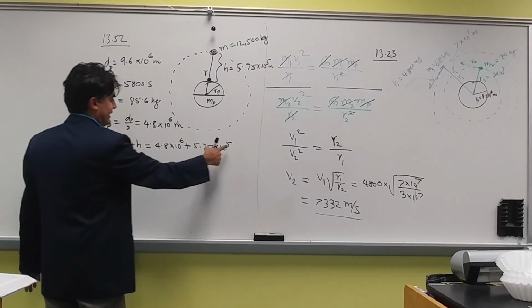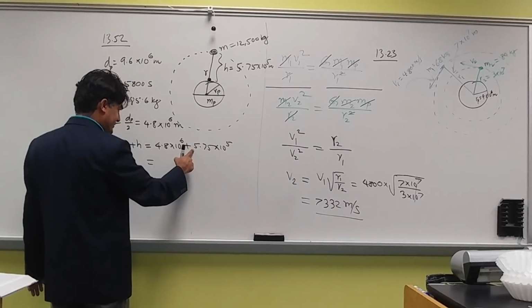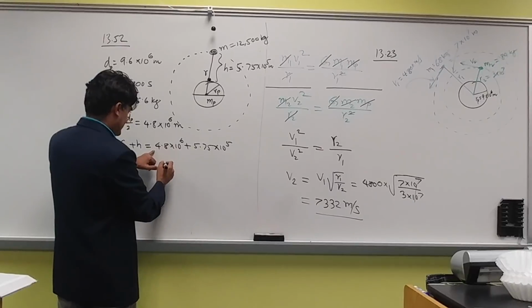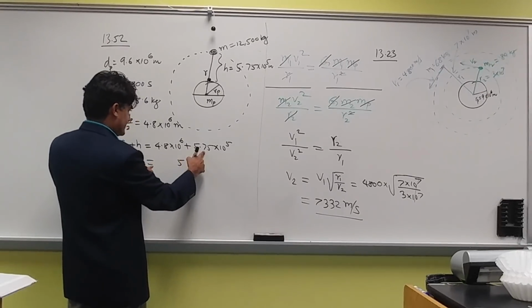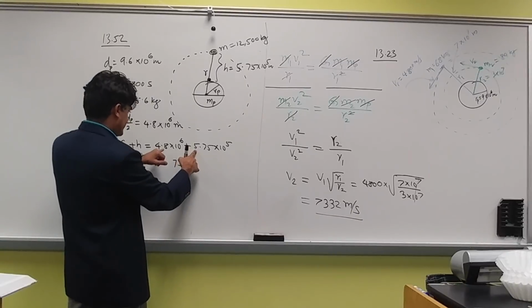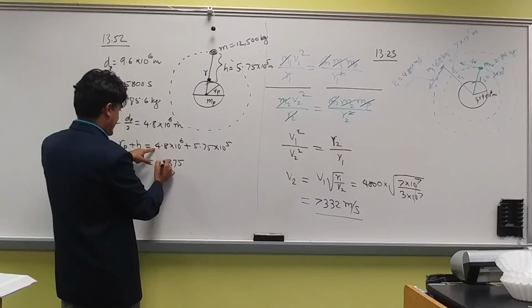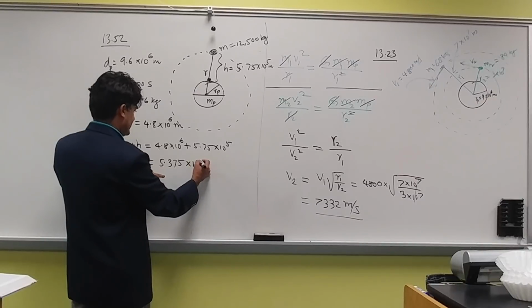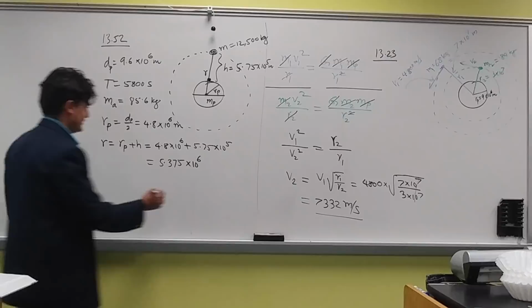If I make it 10 to the 6, I need to make a point here: 4.8 plus 0.575 gives 5.375 times 10 to the 6. Is that right? Okay, I did it manually.